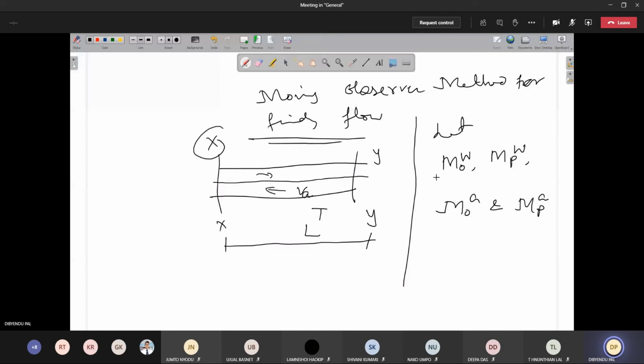What I am trying to say is that this is the number of vehicles that has been overtaken by the test vehicle when the test vehicle was moving with the stream.